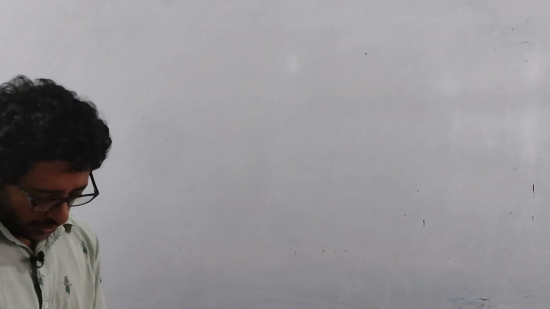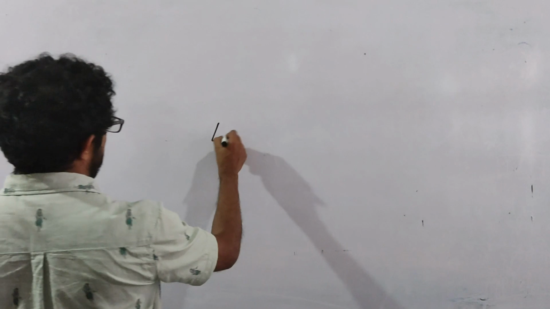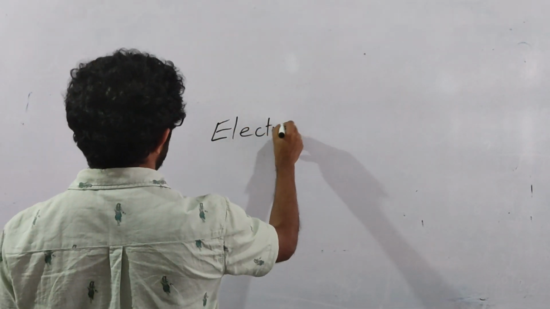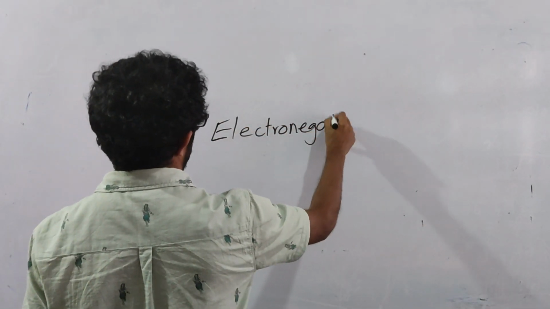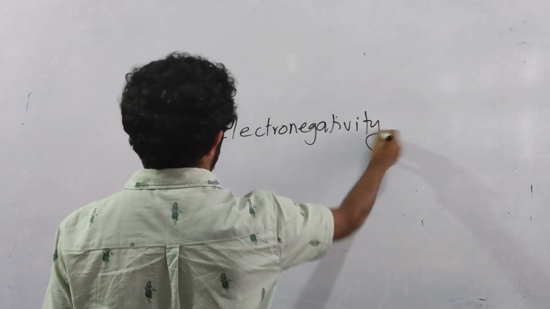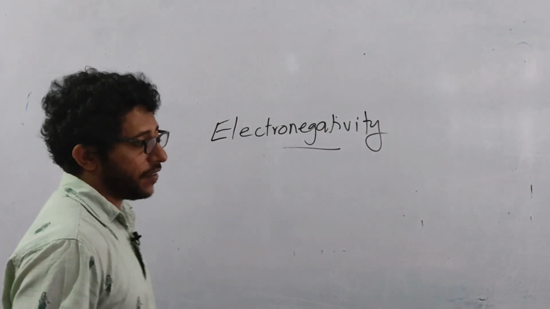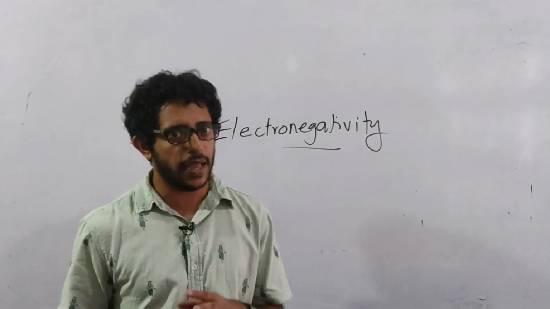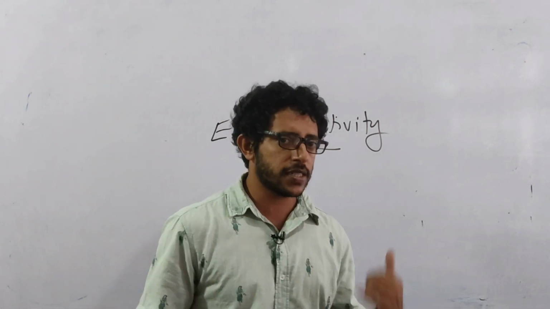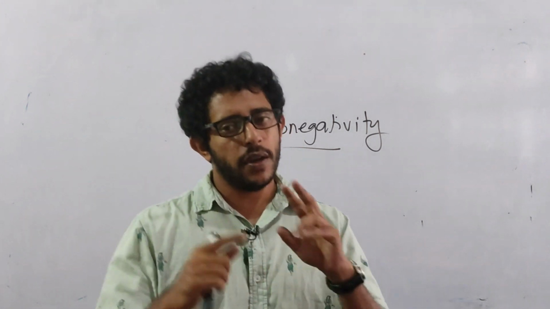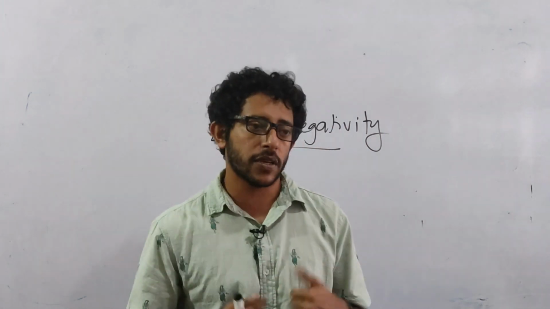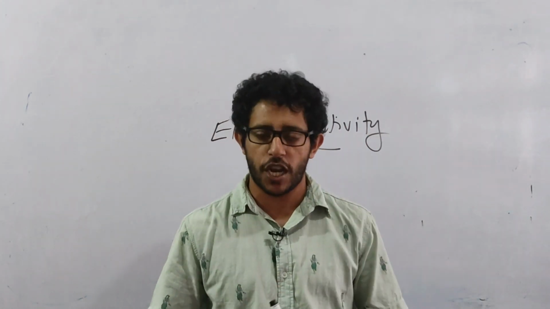So if we talk about the electronegativity part first, let's see what electronegativity is. We have a definition that is commonly asked, especially electronegativity is asked in the Unit 2 paper, but we need to know what it is because we need this idea for the third chapter.